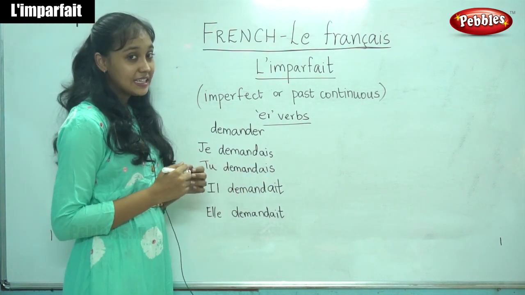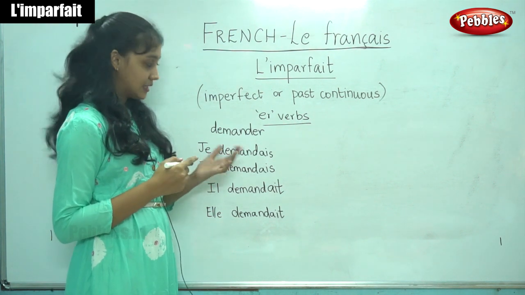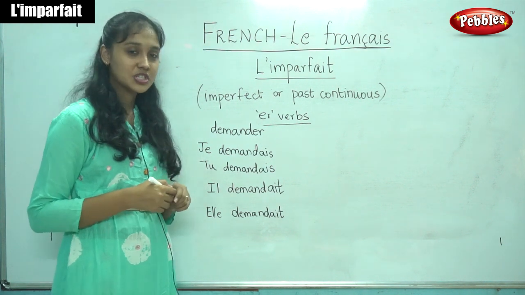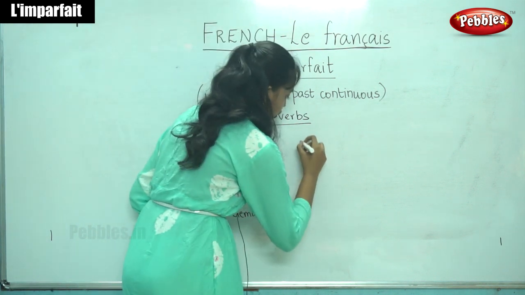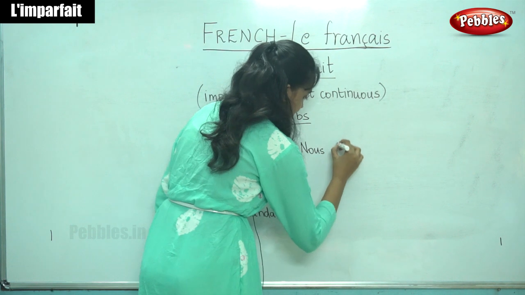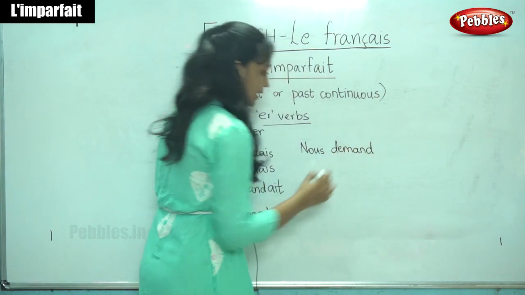Do you remember the endings of the future tense? If you don't remember it, don't worry. We will now do an exercise so that you can refresh your memory of the future tense. Now moving on here, for nous, we would write the stem followed by the ending.